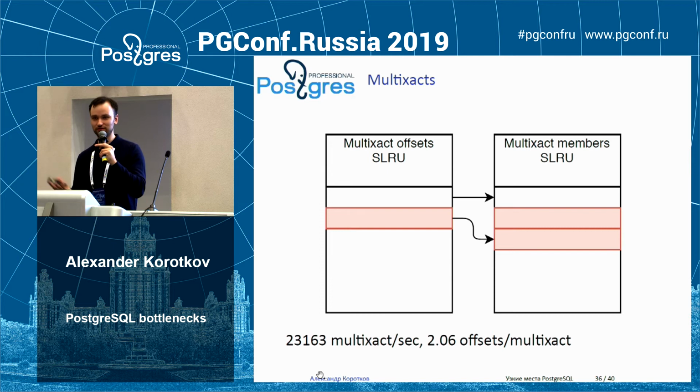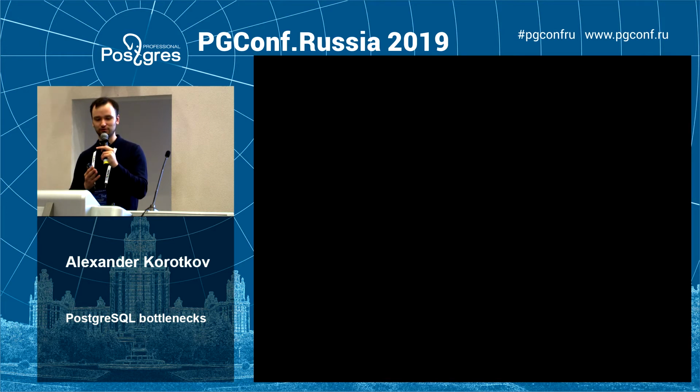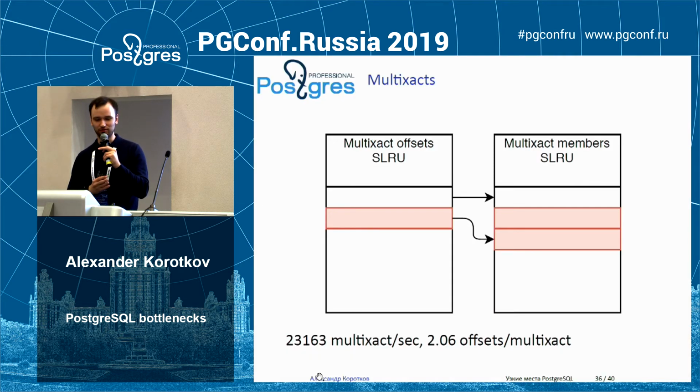When we do for share, it's not an exclusive lock, which means several transactions may lock it for share. Then Postgres creates a new multixact. This is an ID that notifies that this row is locked by these two transactions, so you can easily find the transactions that locked this row.